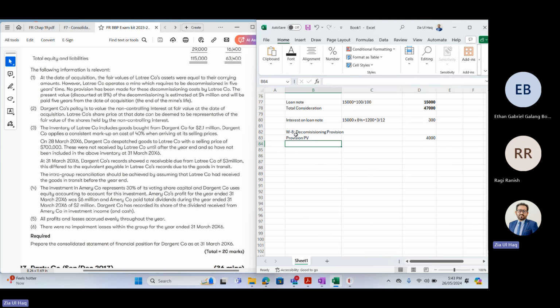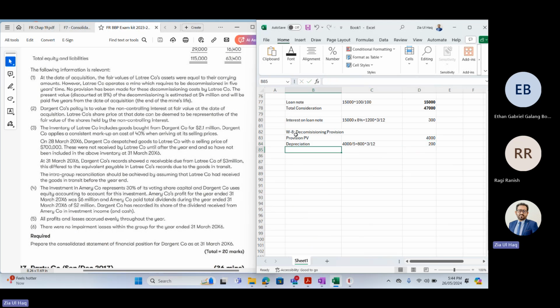And if we see the depreciation, that is 4 million divided by 5 years life. What's that? Divided by 5? 800. And how much do we need to charge? We need to charge 3 by 12. And that is what? 200.